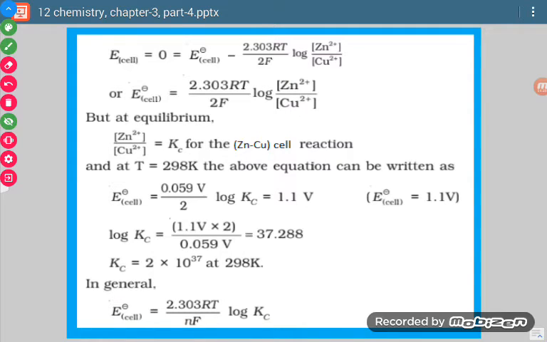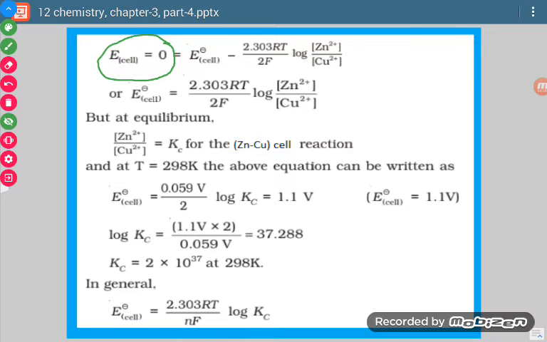Actually, when equilibrium is there, the E cell value will be 0. Sometimes we confuse which value is 0. Equilibrium means there is no flow of current, or we are not able to see any voltage. So when we get 0, it means the difference in the potentials of the two half cells is 0.